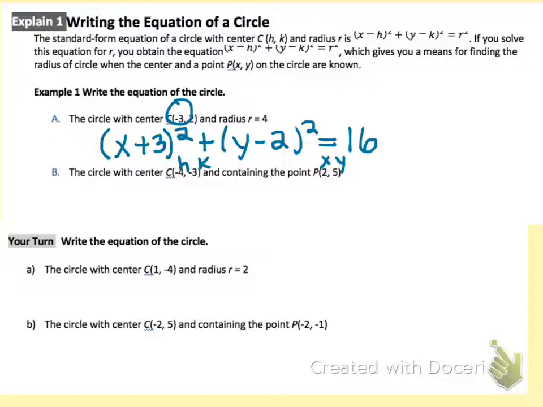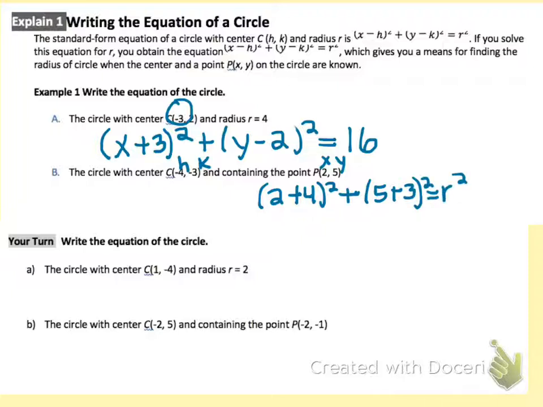So step one, we're going to plug these values in. So this would be 2 minus -4, which is 2 plus 4 squared. And then it's the y, which is 5, minus -3, which is plus 3, squared, equals the radius squared.